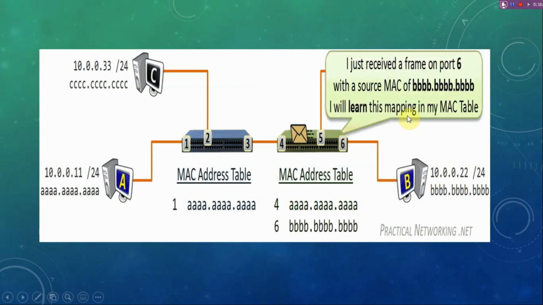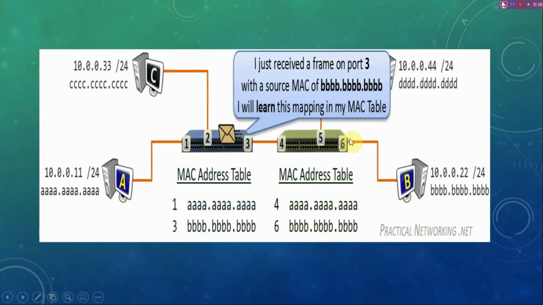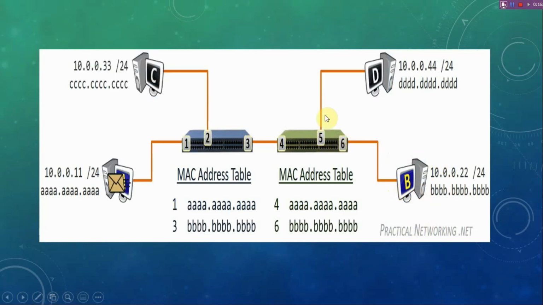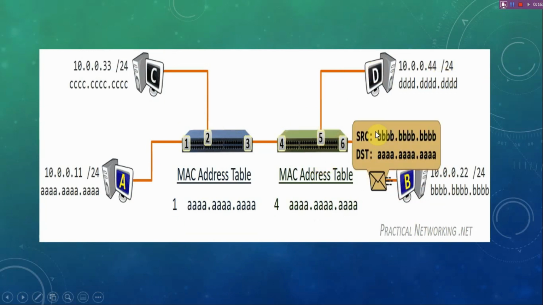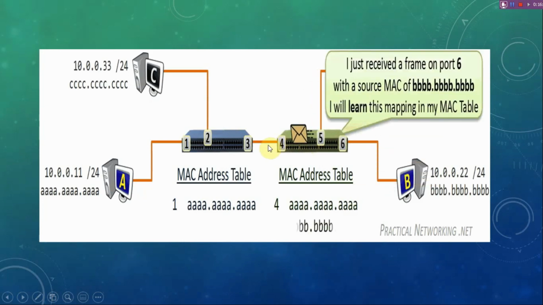For example, this computer wants to send data to AAA. Ngayon, pag send niya ng data kay switch, ito yung segment 2. Okay? Sa segment 2, wala naman dyan si AAA. Okay? So, papapuntahin niya ulit yan sa kabilang segment.